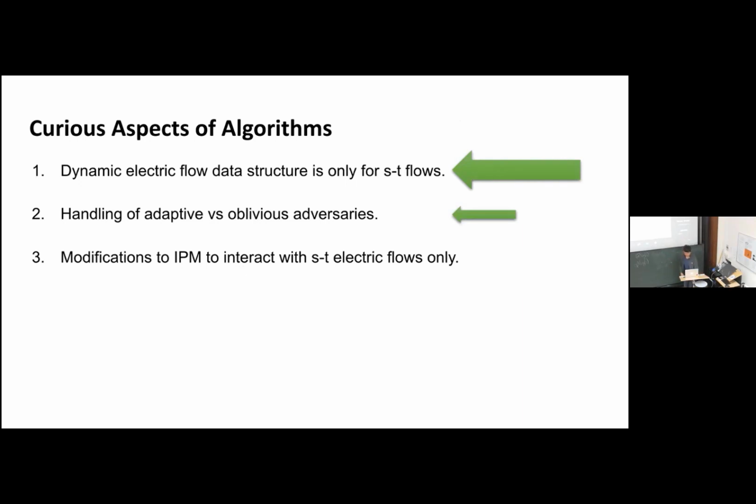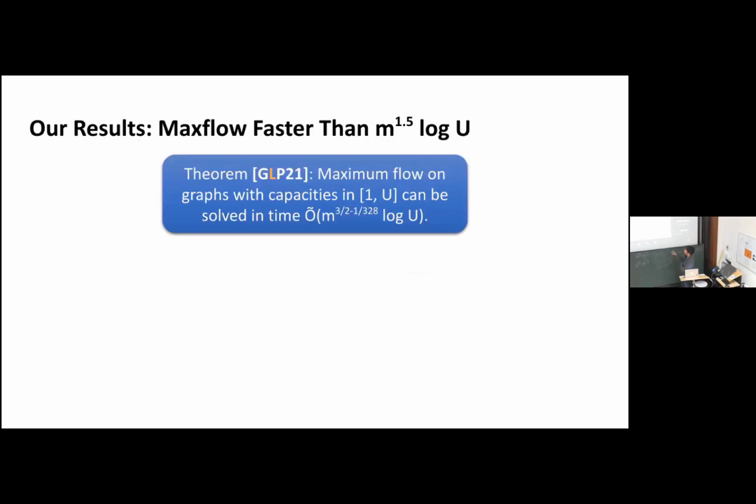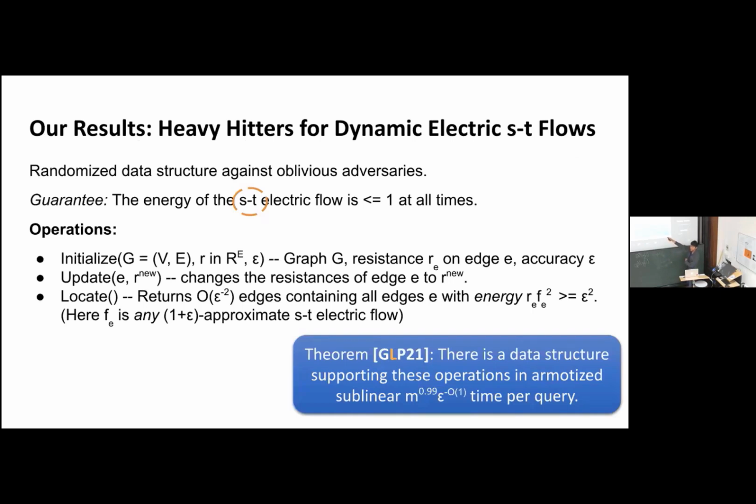I'm not really going to talk about that, but at a high level, what's going on is, as I described, the data structure only works for ST electric flows. What you think about that is, when I actually implement the interior point method, I'm only ever allowed to solve a linear system on the actual demand vector I care about, which is not normal. Normally in an interior point method, you're solving a linear system on various vectors.